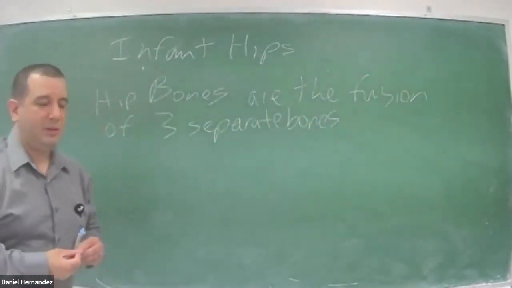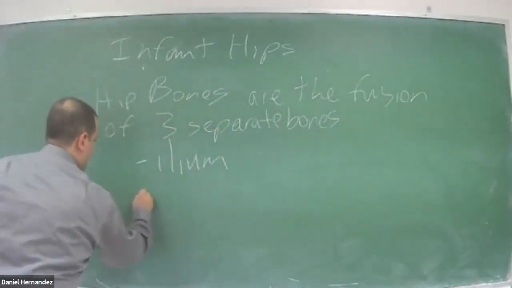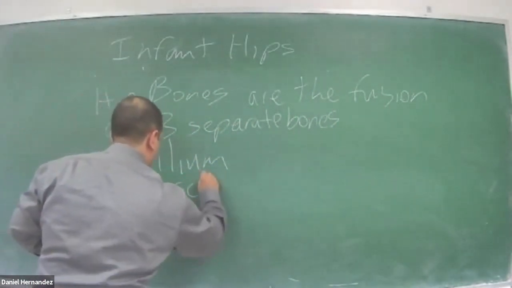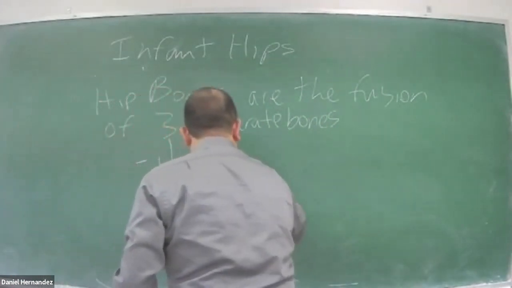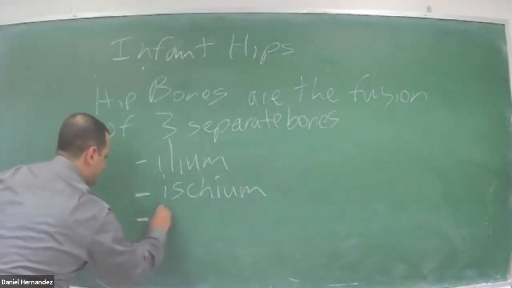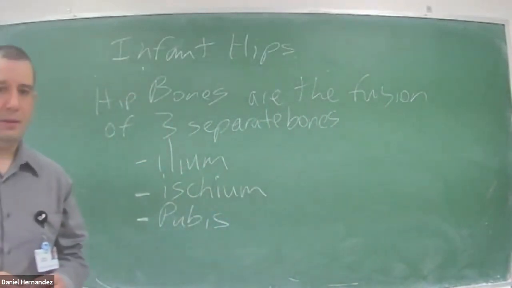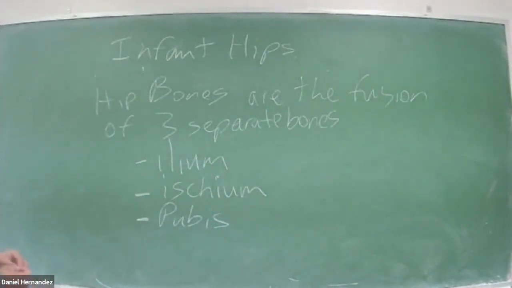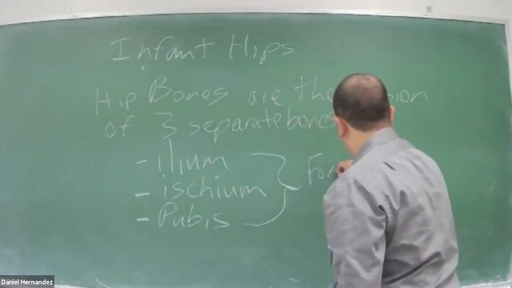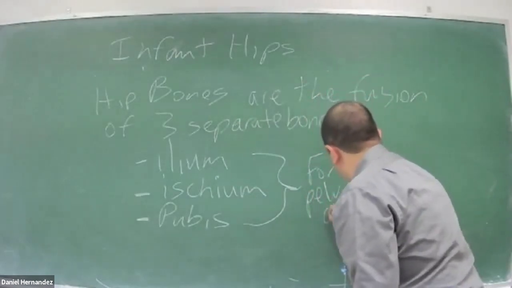Those three bones are going to be your ilium, your ischium, and the pubis. Together, these three form the pelvic girdle.